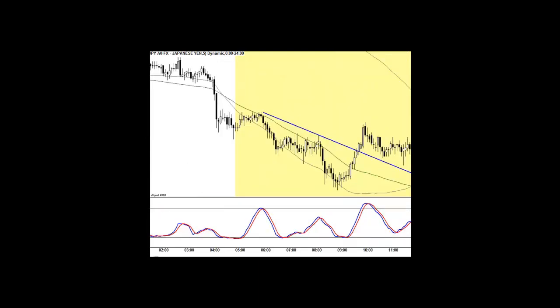Right, here's another really good example. I've just drawn this trend line a little roughly, but you can see on this occasion, again, we had the piercing through the two Bollinger Bands and oversold stochastic, but then on the trend line break, the stop loss was way too large. And you can see as things progressed through the day, we actually managed to come back down through the trend line, which was resistance and now becomes support.